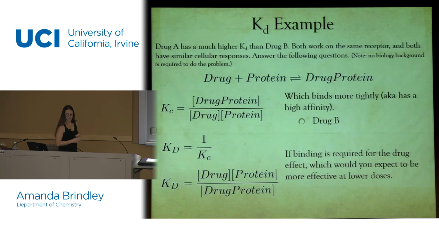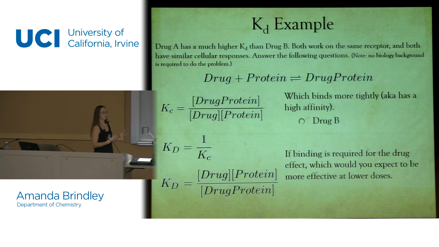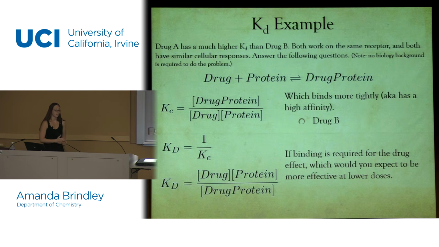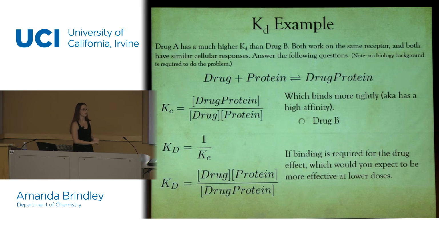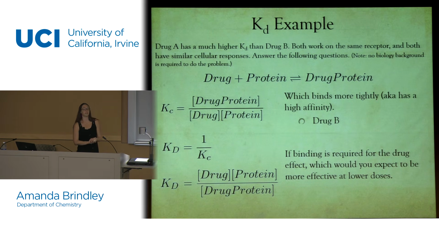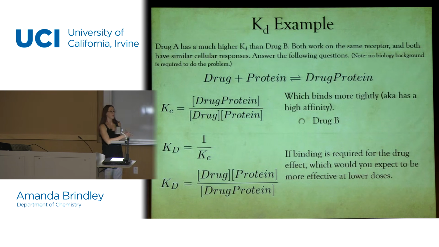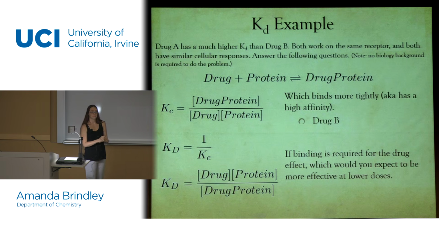Okay. So now, getting into a little bit more, why would we care? If the binding is required for the drug to have an effect, which is pretty standard, you usually would want it to bind for that. What would you expect to be more effective at lower doses? So which one has more things in the bound state, drug A or drug B?